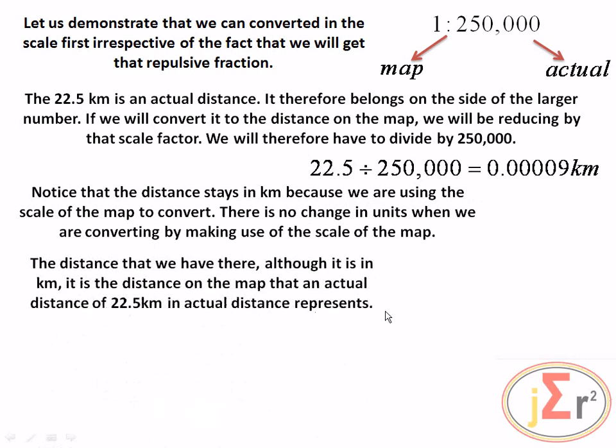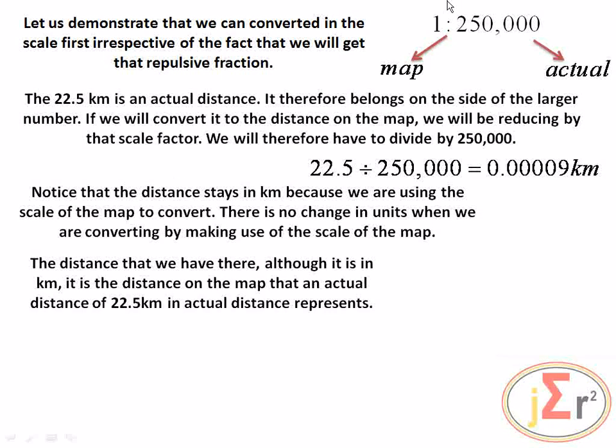The distance that we have there, although it is in kilometers, is the distance on the map that an actual distance of 22.5 kilometers represents. So although it is in kilometers, it is what the actual distance corresponds to on the map.